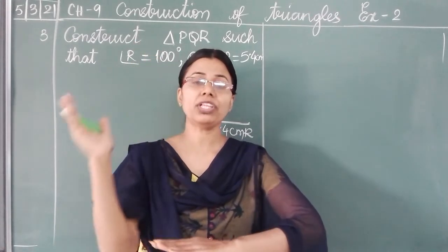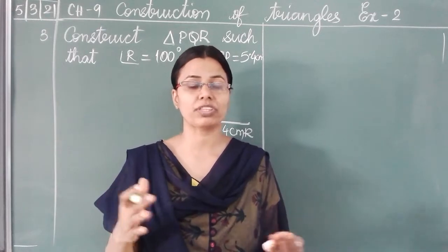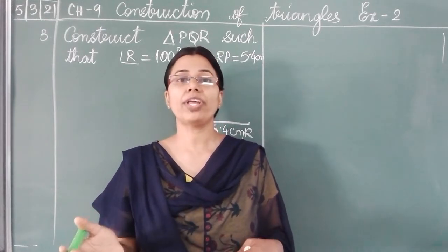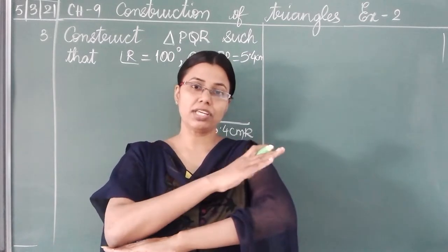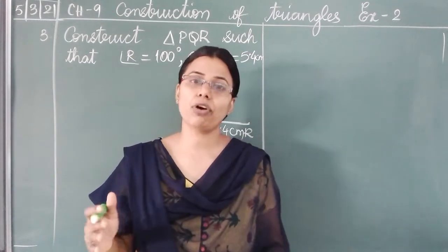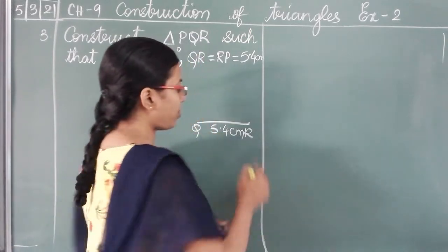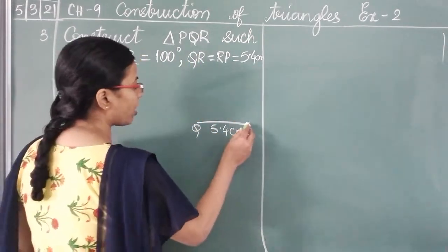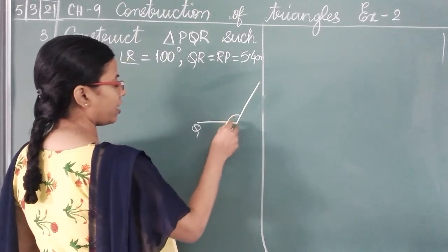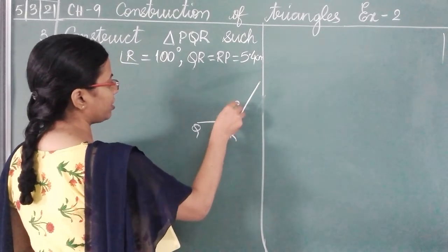When the length between the two arms is more, the angle formed is more. When the length between the arms is less, the angle formed is less. So, if I draw a straight line, it is going to be a 90 degrees angle. So, this angle formed is 100 degrees.